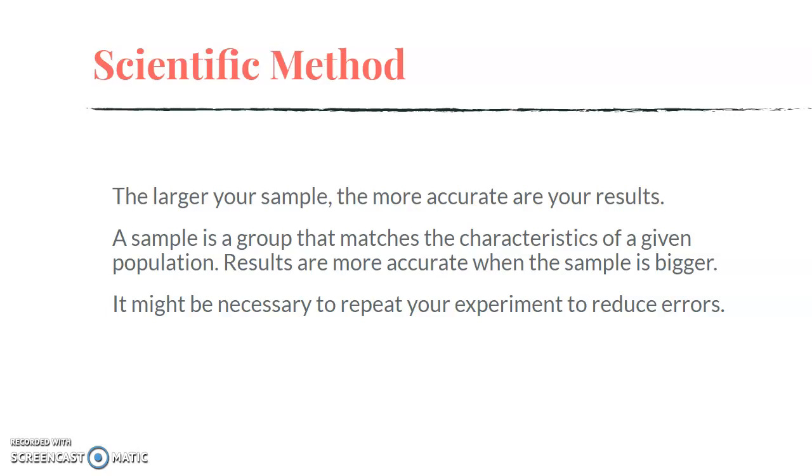So what I would do is pick a few people, maybe 10 or 20 people with that characteristic of brown eyes, and invite them to conduct the experiment with me. Those people I selected are the sample. I hope that makes sense. And the results are more accurate if the sample is as big as it can be.